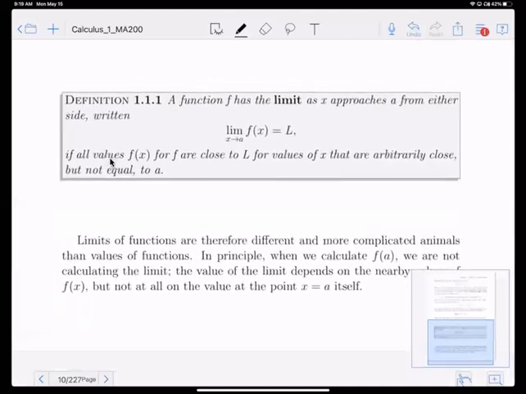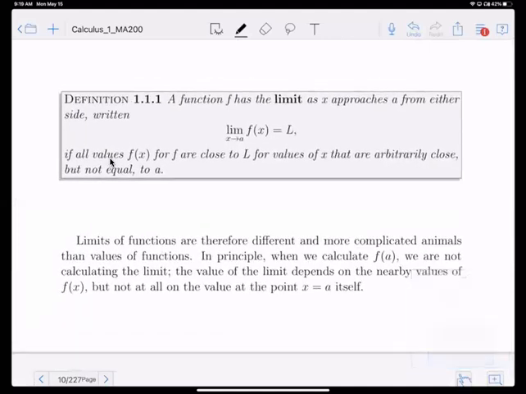There's one thing we have to be careful about, that is the definition of a limit. So we want to state the limit definition. The definition is: a function f has the limit as x approaches a from either side. So this is the question, what it means, either side: a number slightly bigger than 1, a number slightly smaller than 1.